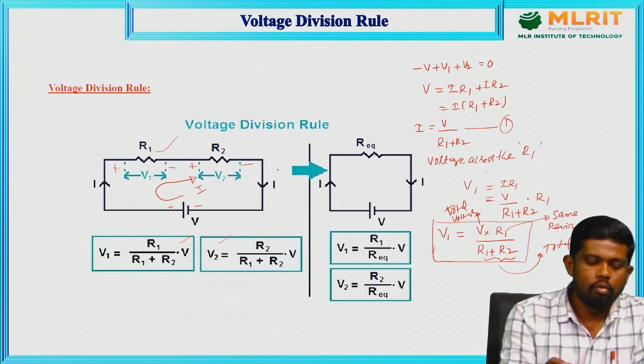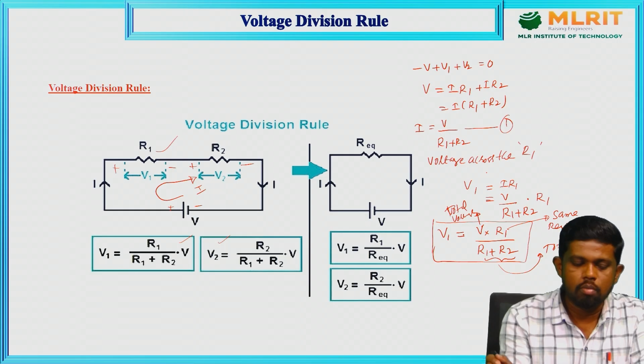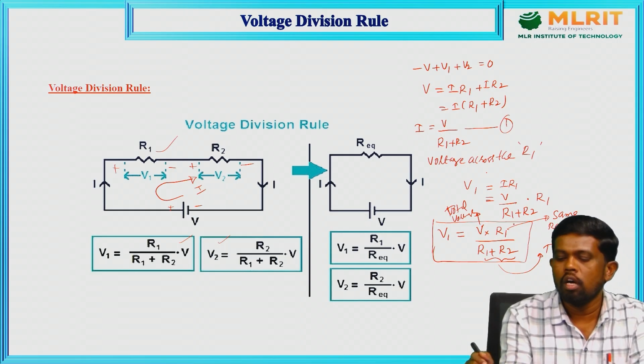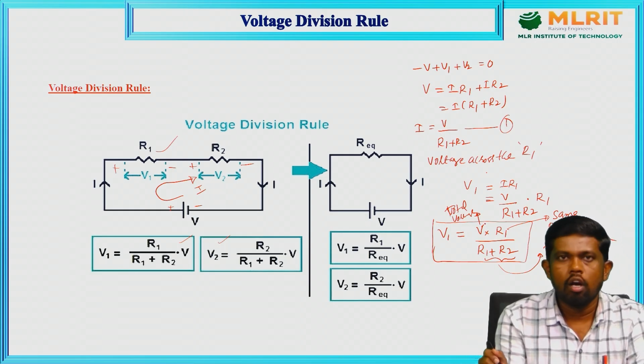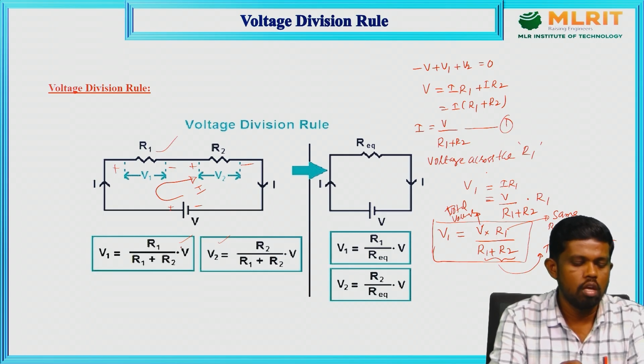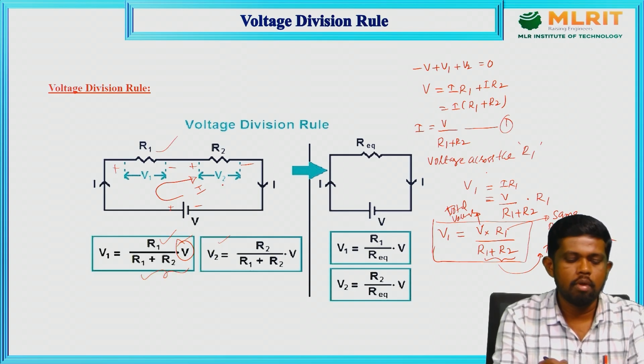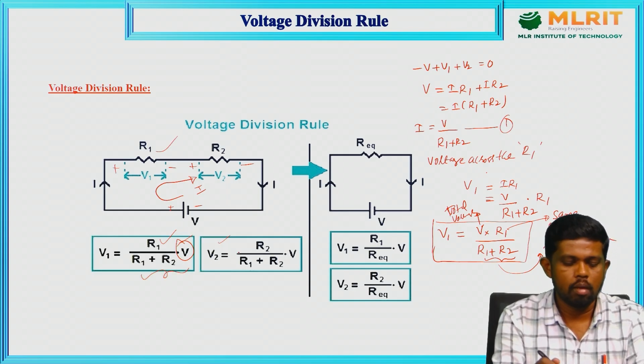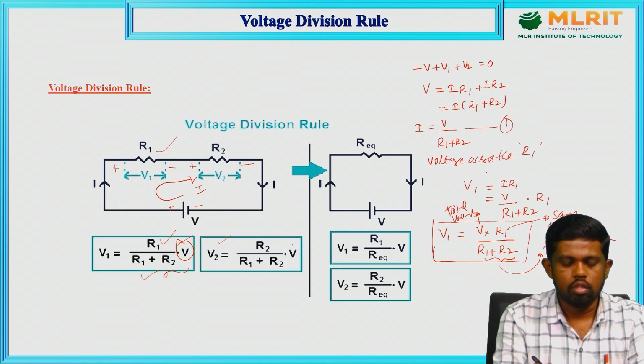This is the proof of how we got this expression, based on this analysis. According to the voltage division rule, the voltage across the first element equals the total voltage of the circuit times the same resistance upon the total resistance.